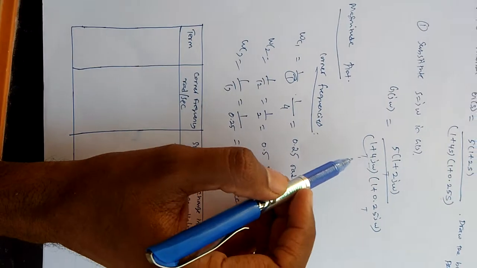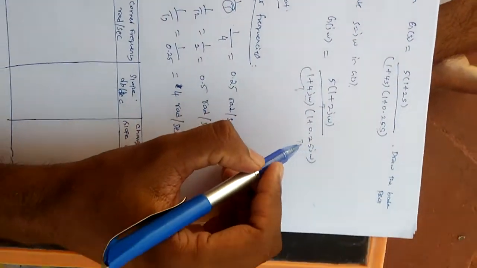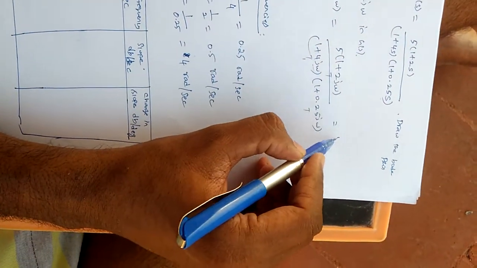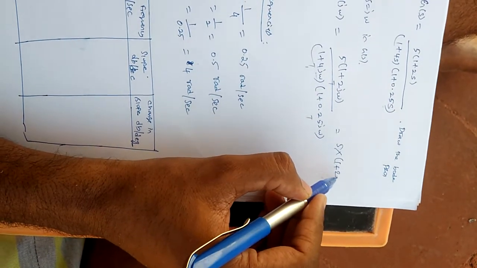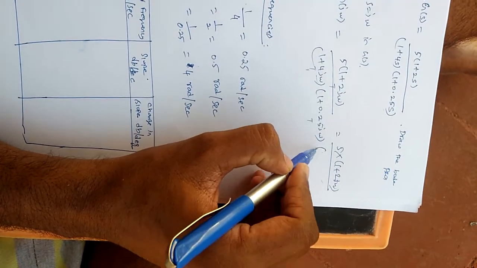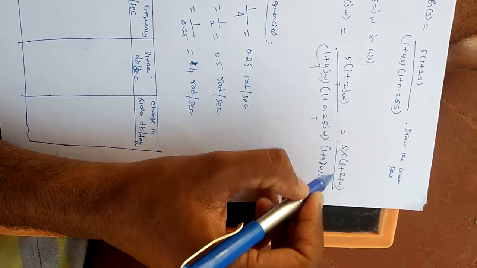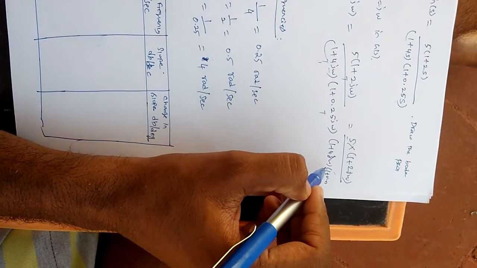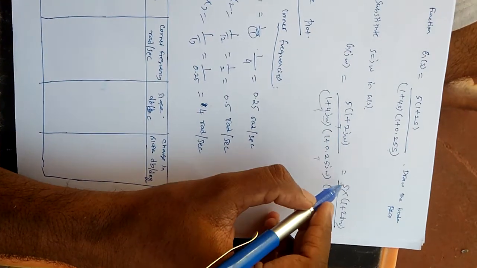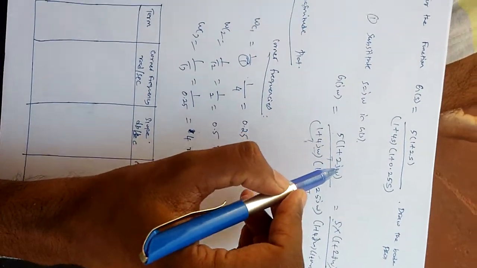You have to split this into different terms. Each term in this equation is known as a factor.